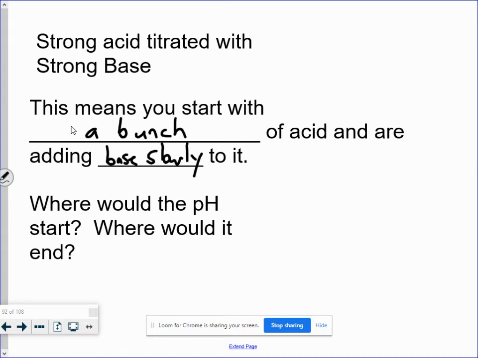So the idea in Chem 30 is you have to be able to predict the shape of many different pH curves. If we had strong acid titrated with strong base, that means we have lots of acid to start with.